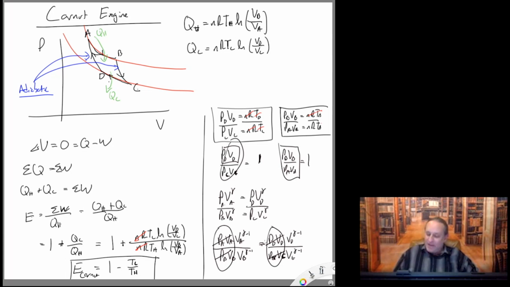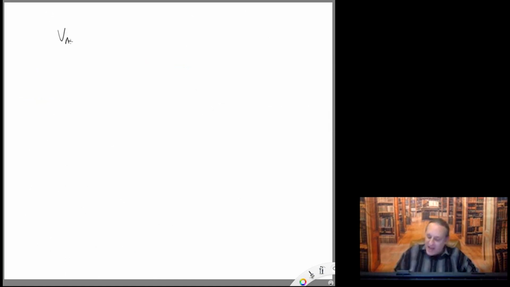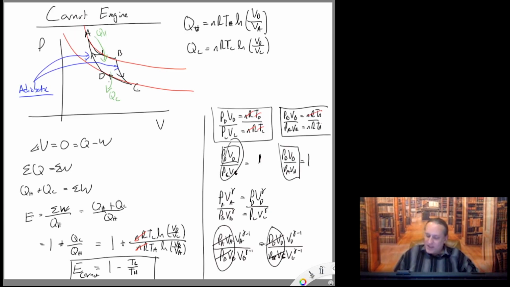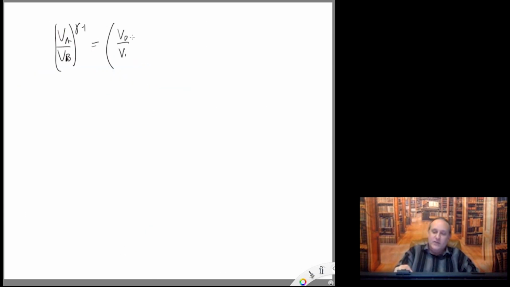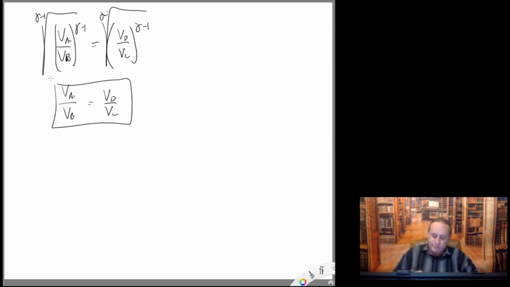So now I have an expression that says VA over VB to the gamma minus 1 equals VD over VC to the gamma minus 1. And then we can take the gamma minus 1th root of both sides, and we get VA over VB equals VD over VC. Okay, good. That's what I'm trying to prove.